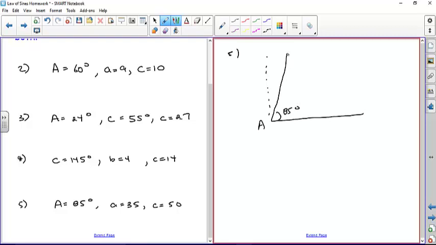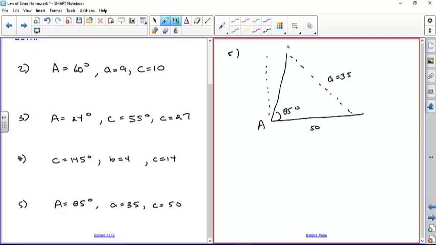Then opposite, you've got side A. So that was side A, that's 35. And this side here is 50.